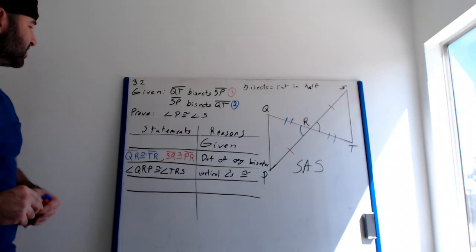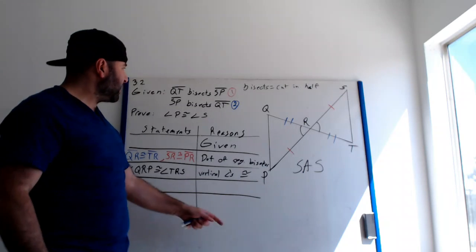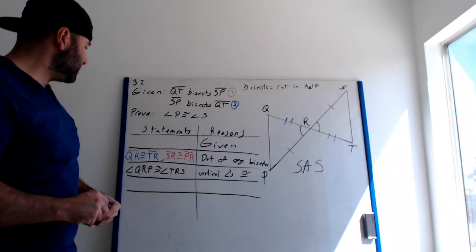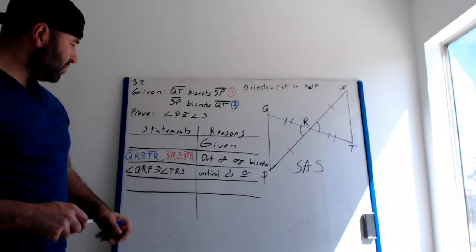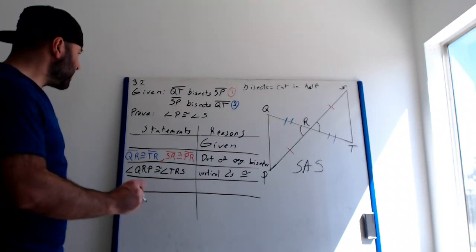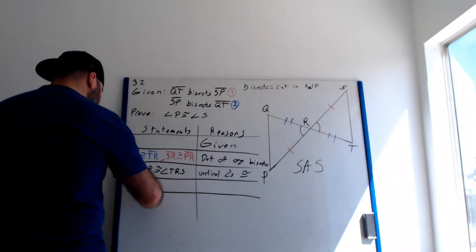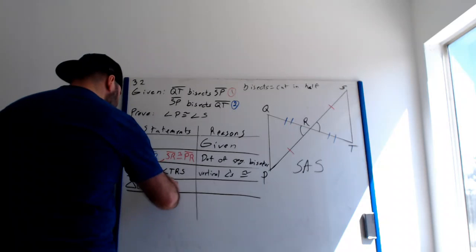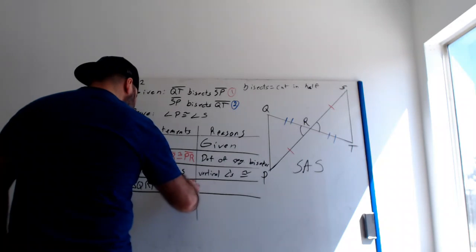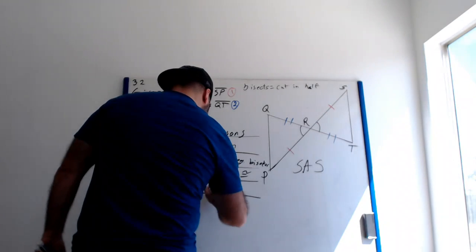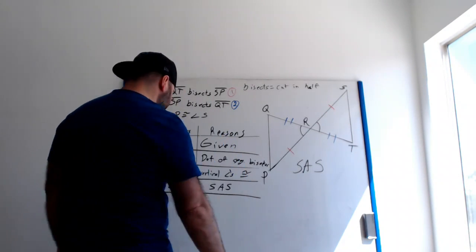Okay, just about done. That takes care of 1, 2, and now 3 congruencies. So now we can say that triangle, I'm just going to use the same order, QRP is congruent to triangle TRS. And the reason is because of side, angle, side.